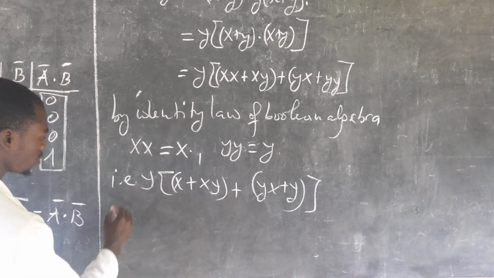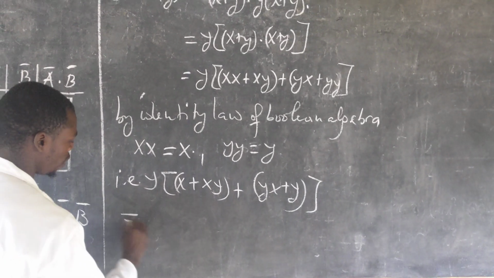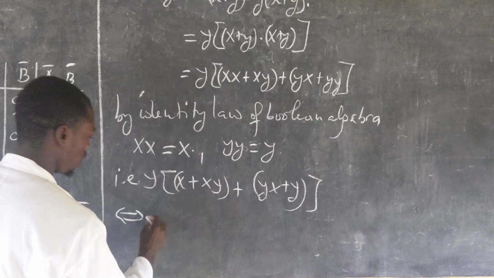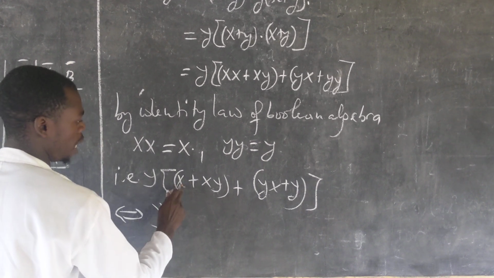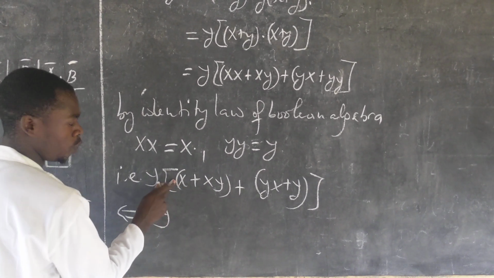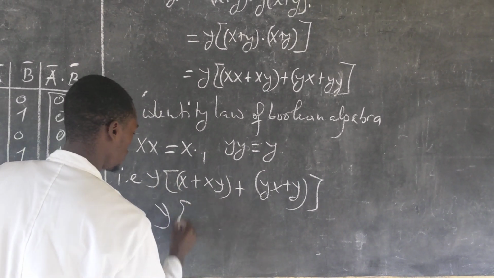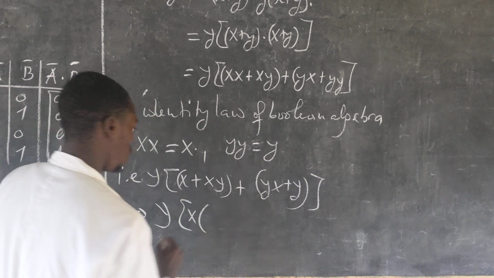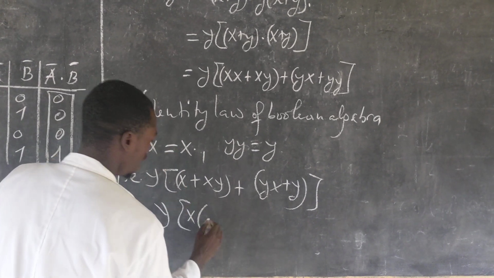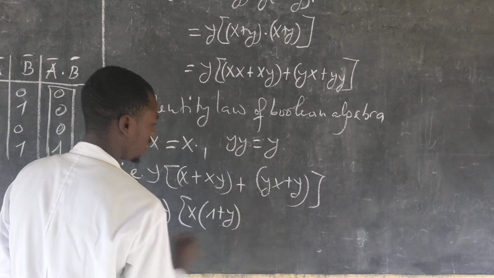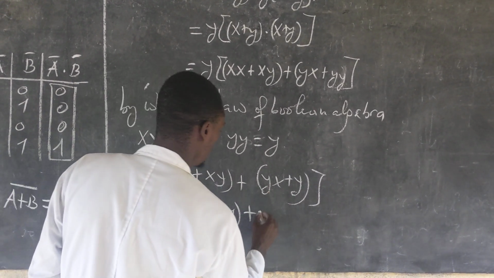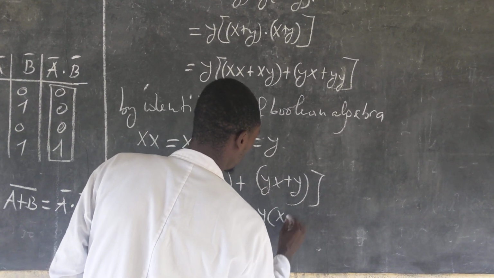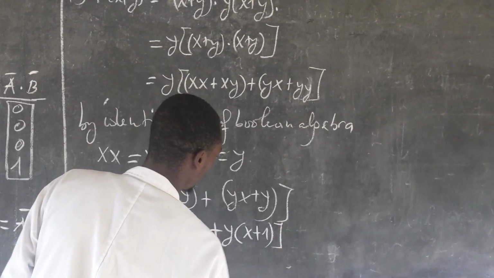So now, let us do this. Here we can put x out of this parenthesis. We have here x, then we have 1 plus y here. Then plus this y also can be out, yx plus 1 here, like this.